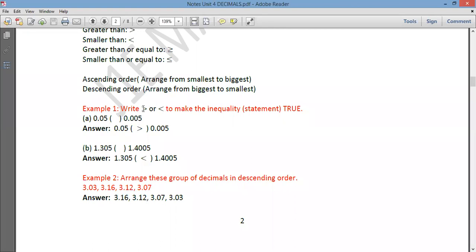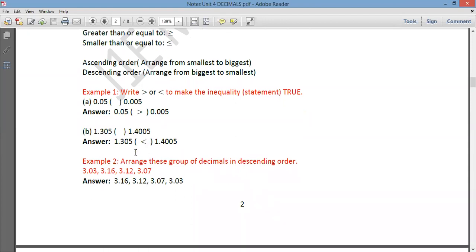So you have to fill in the greater than sign. And this one, 1.305 less than 1.4005, sorry. So you have to fill in the less than sign. Then this statement will become true. Fill in the correct symbol.